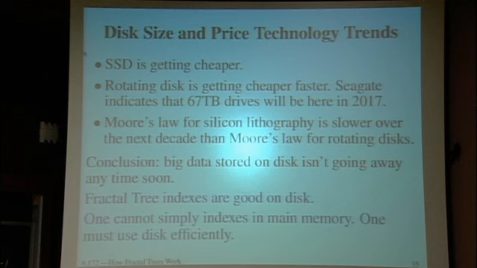You figure out what the Moore's law is for that, and it's better than for lithography. Lithography is not going to be that much more dense in that time frame. So at least for the next 5-10 years, it looks like disk drives are going to maintain their cost advantage over solid state storage, and maybe even spread that cost advantage.